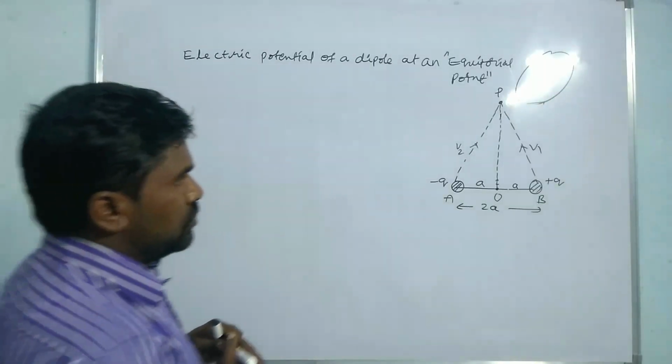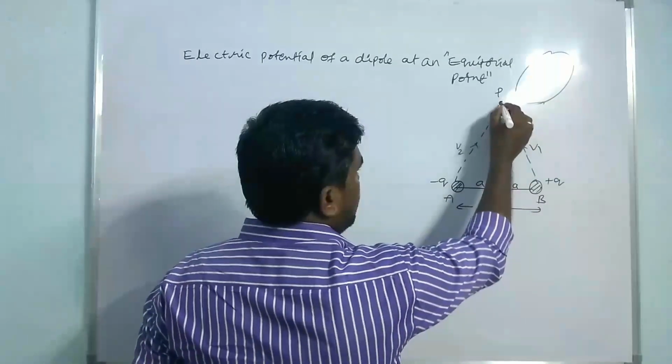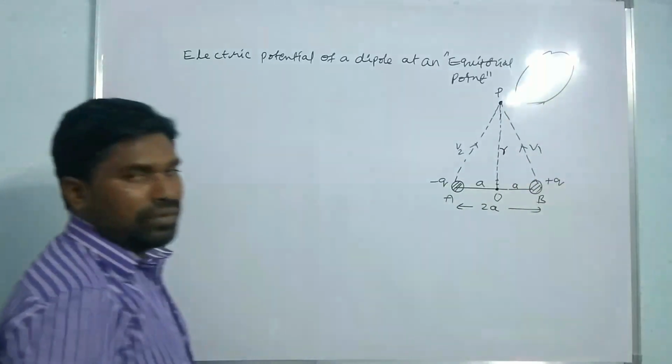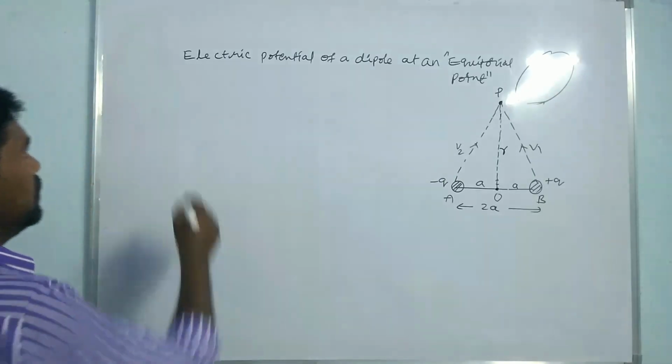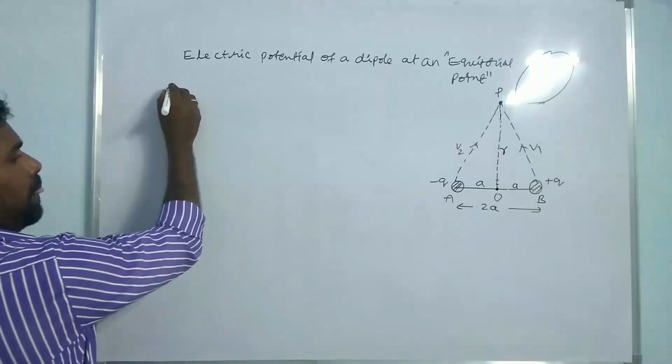Here, the distance from O to P is equal to R. What do we have to write?